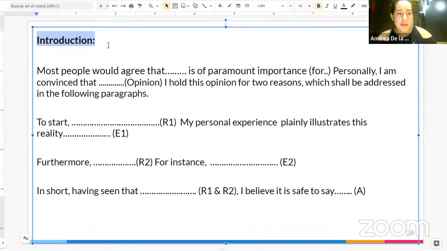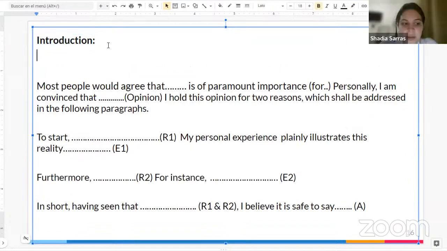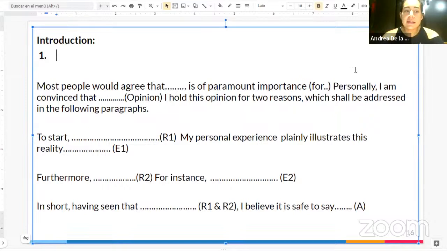Guys, anybody know what a template is? A structure that could help us. So it's like a structure, something that will help you know what to write. You don't have to follow it entirely. You can change a few words, you can change a few transition words, that's fine. But the most important thing is the structure, right?